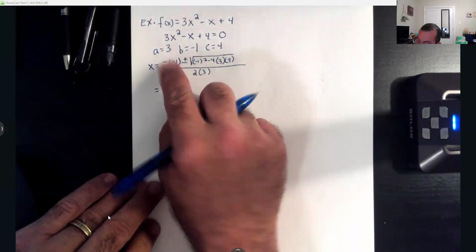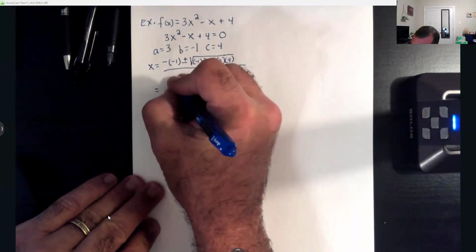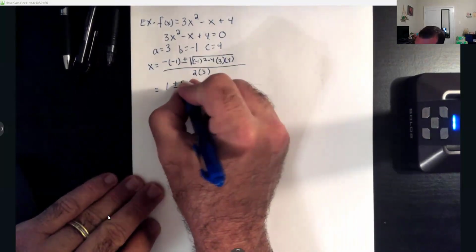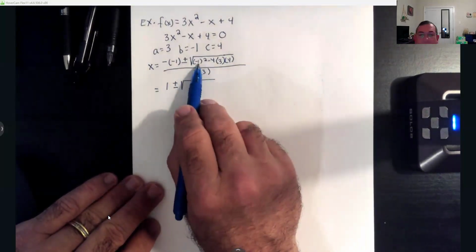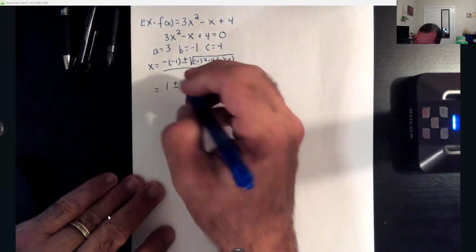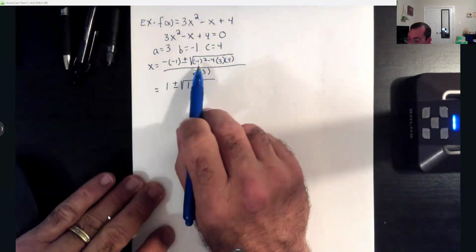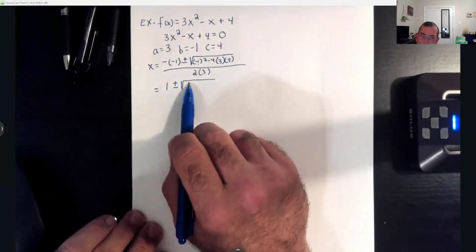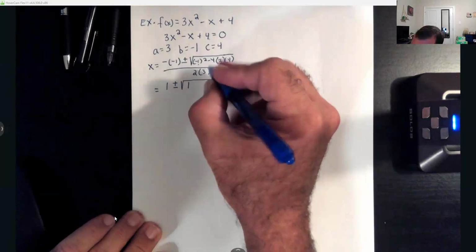Negative times a -1 makes that a +1, plus or minus. And then we got a radical. -1 times -1 is a +1. And y'all, no matter what you got here, when you square it, it will be positive, okay? Now y'all look at this side.